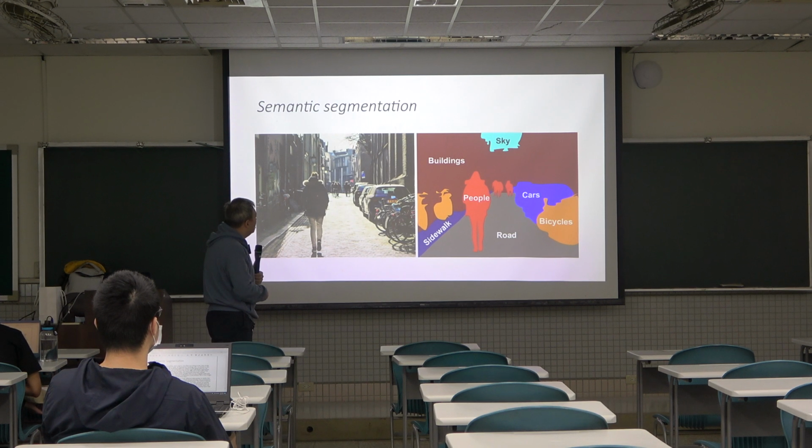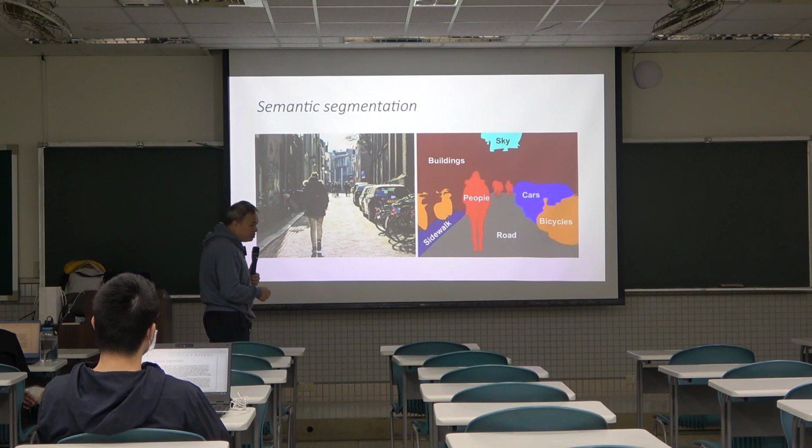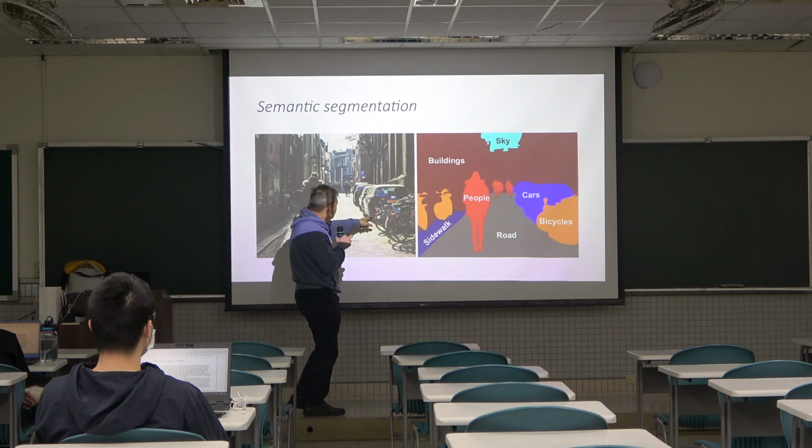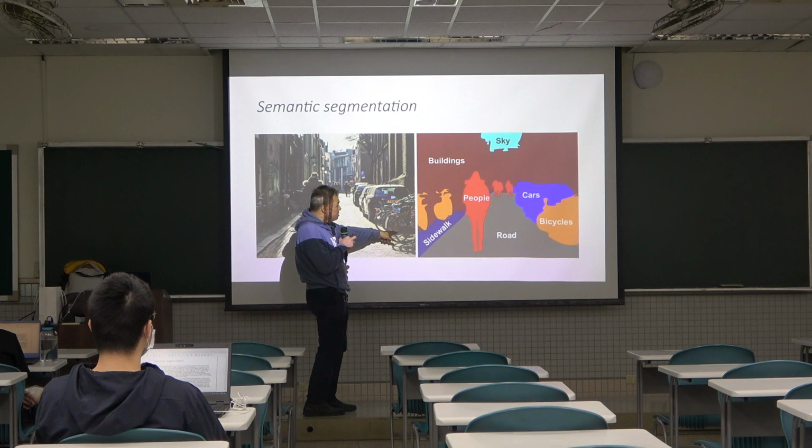One thing I'd like to mention a little bit more is in semantic segmentation, if pixels belong to the same type of object but different objects, for example, you see there are several bicycles here. The pixel here and the pixel here are obviously for different bicycles.